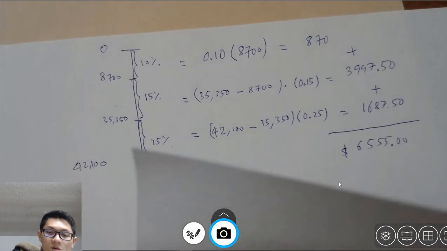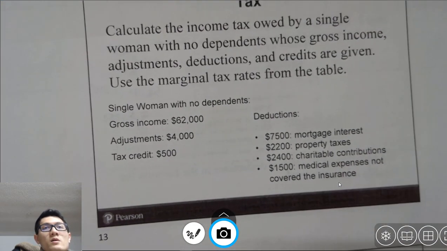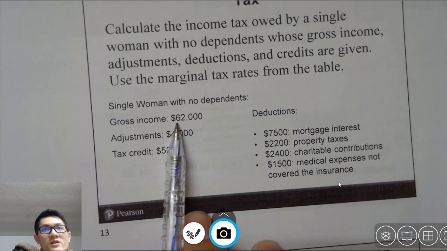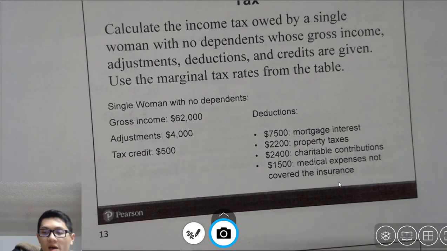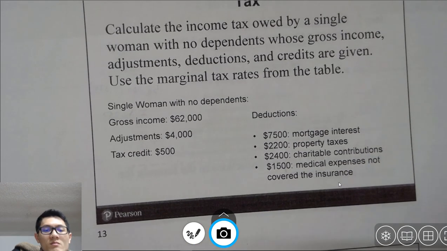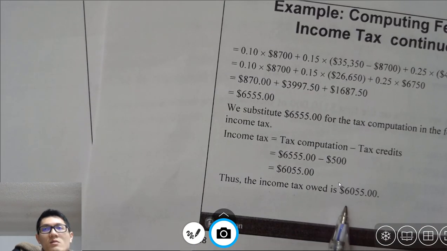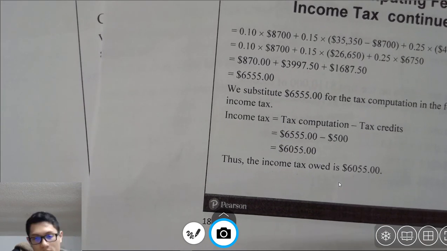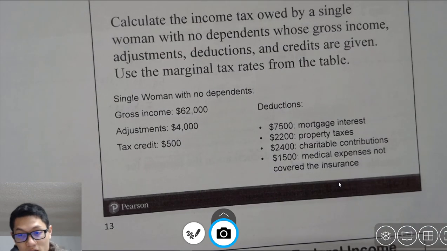Her gross income was 62,000. At the end, after everything, she needs to pay the tax of $6,055. So that's a lot of tax that we have to pay.